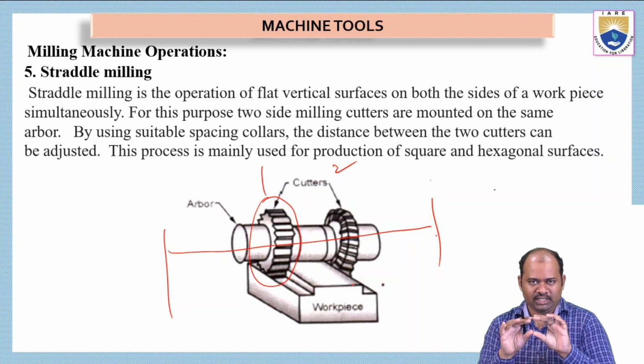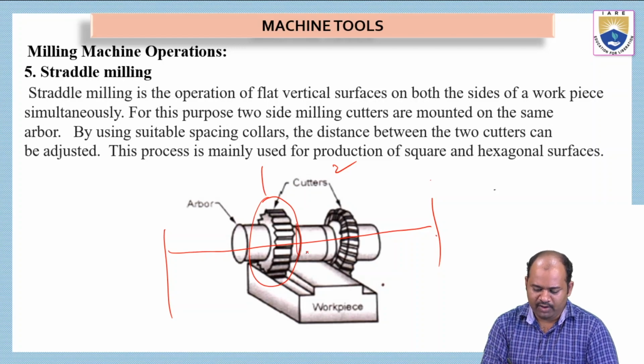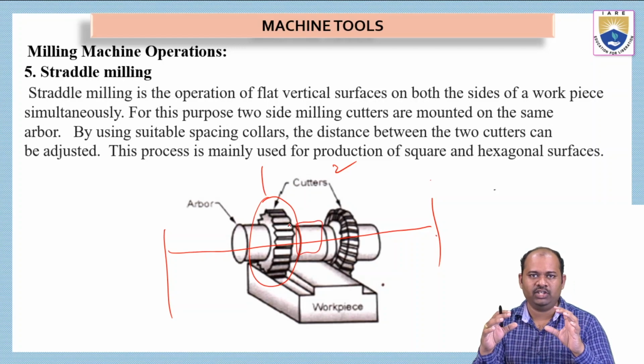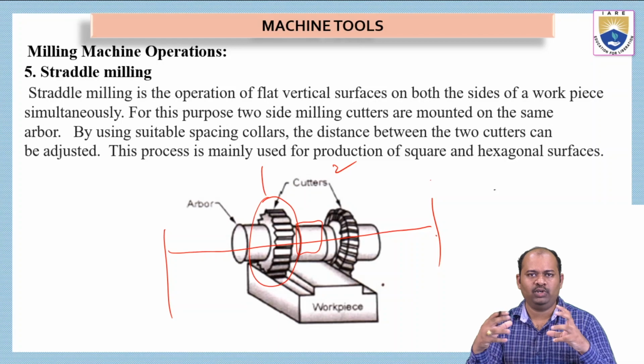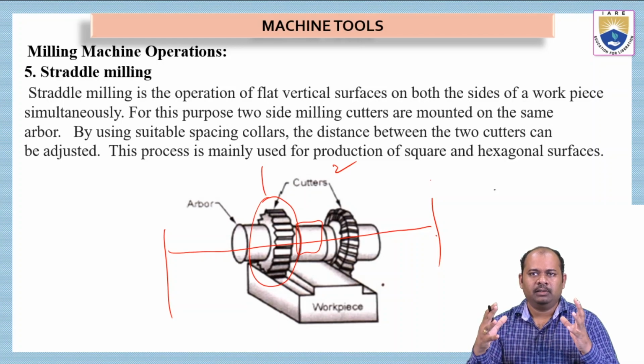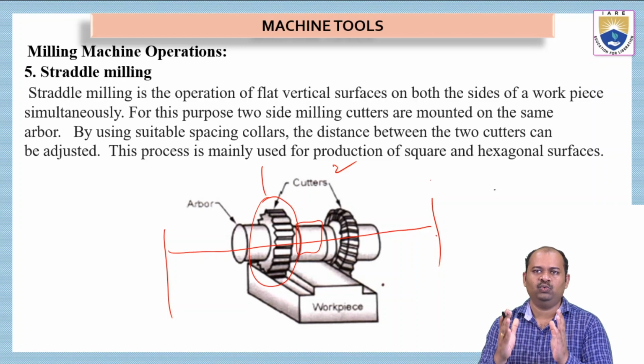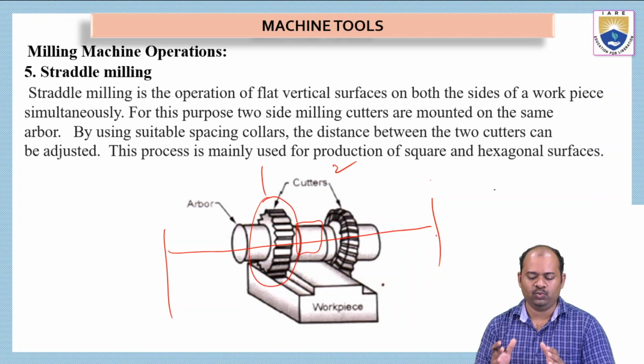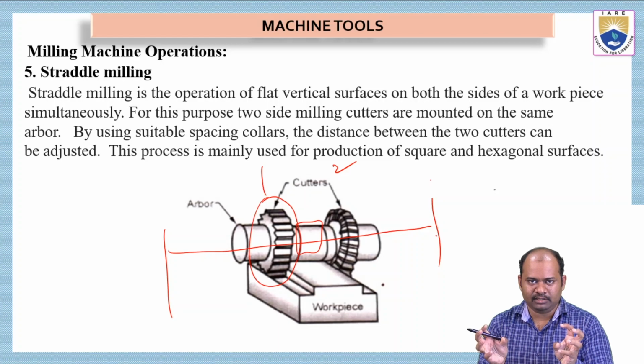Here we have a separate metallic rod arranged between the two cutters, which will maintain the actual distance between them. The two cutters should be placed at the required distance with the help of a collar, which is placed between the two cutters.